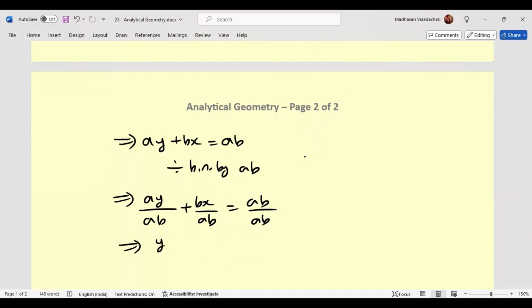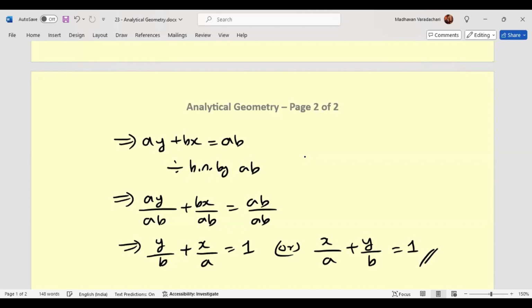So that becomes y by b plus x by a equal to 1. Or we can write it in order, x by a plus y by b equal to 1. This is the intercept form of representing a straight line equation.